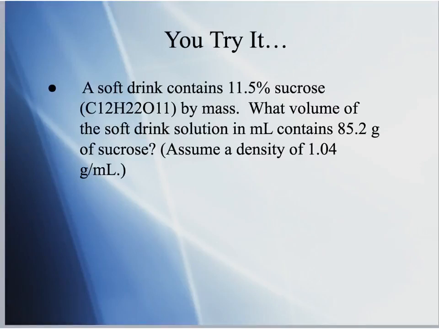Because we're asked to find the milliliters, we're going to need to use density as a conversion factor as well. We're going to assume the density of this soft drink is 1.04 grams per milliliter. So think about the steps that you need to take, where you're going to start, and what you need to end up with. Go ahead and pause this, try it, and then you can unpause it to see if you did it correctly.